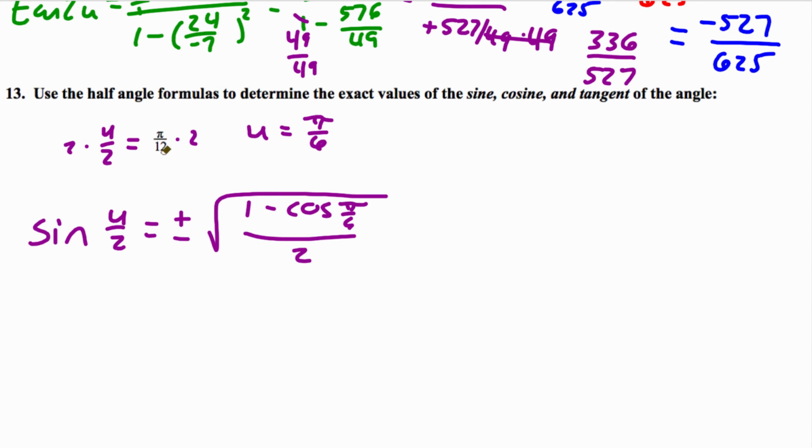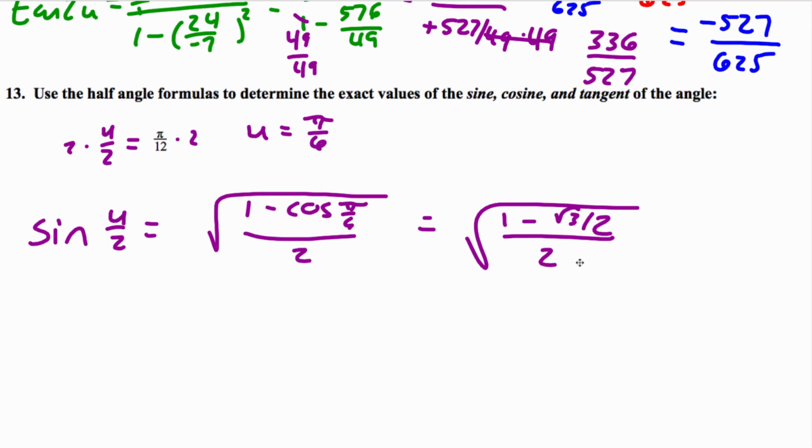Since we're in the first quadrant with a pi over 12 angle, signs are positive in the first quadrant, so I'm just going to erase the plus or minus because we're going to be dealing with a positive square root here. Now, if we look at the cosine of pi over 6, so we've got the square root of 1 minus the cosine of pi over 6, if we look at our unit circle, is root 3 over 2. And that's all over 2 still.